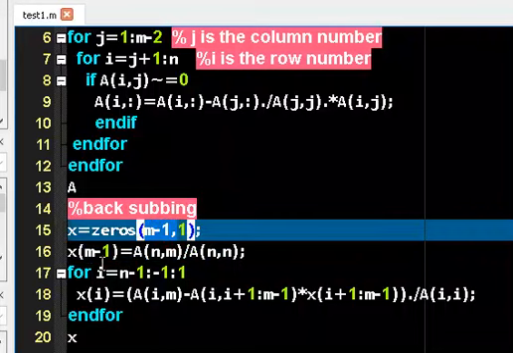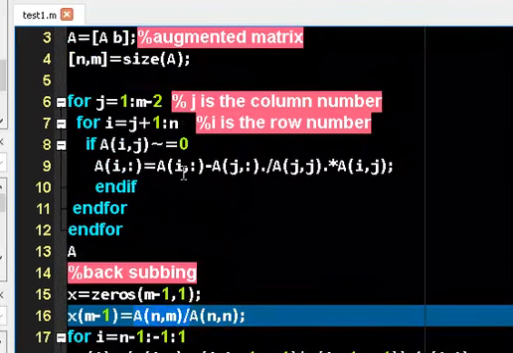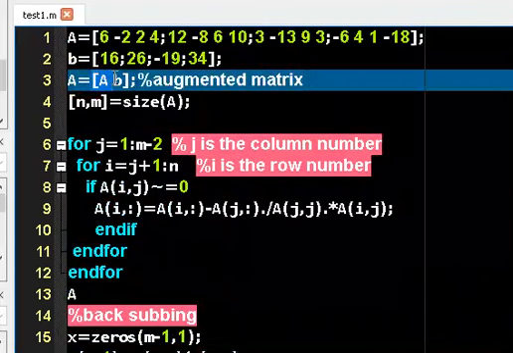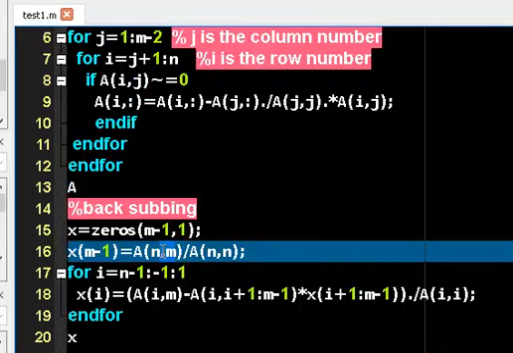Then you can compute the last variable, which is your right hand side. This is the right hand side of this augmented matrix, located in the m-th row and in the m-th column.